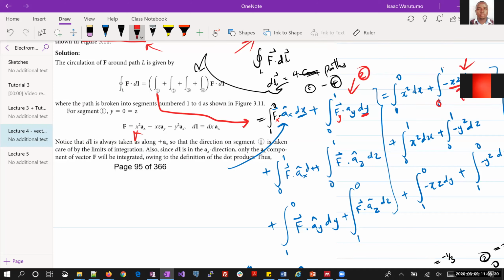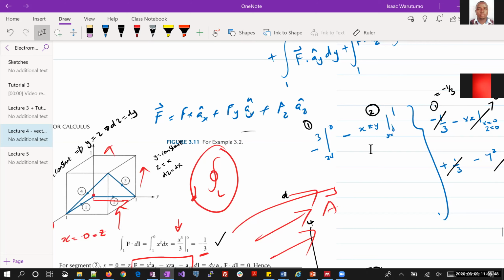The only term that we introduce here after the integration is that it will become negative xyz, and y is varying from 0 to 1.